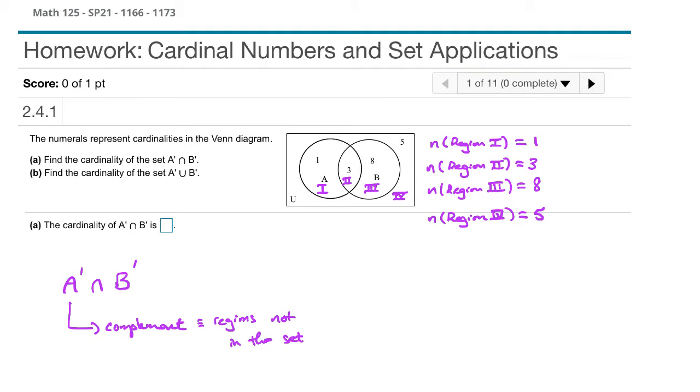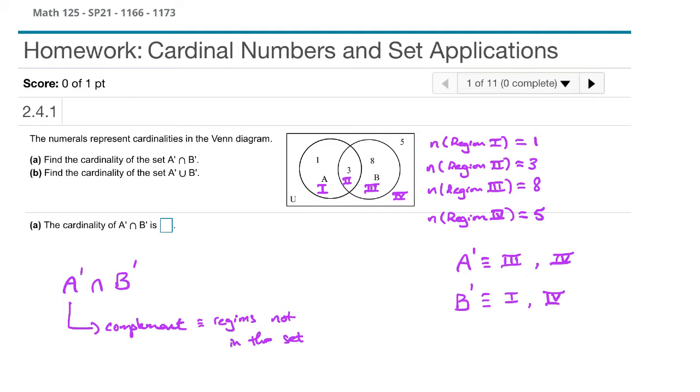So for the regions not in A, we look for all of the regions that are outside of set A. Well, for this, that's really just going to be our regions 3 and 4. If we do the same thing for the complement of B, so we want the regions that are outside of B, well, that will be our regions 1 and 4.